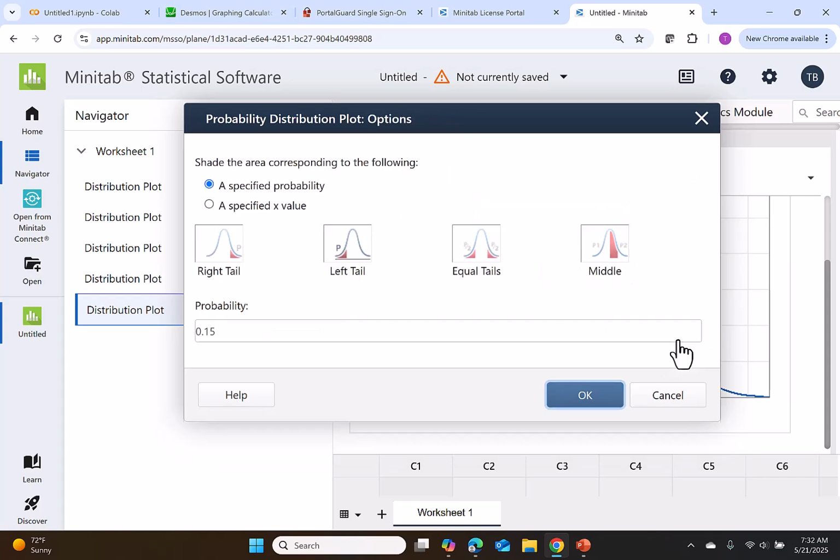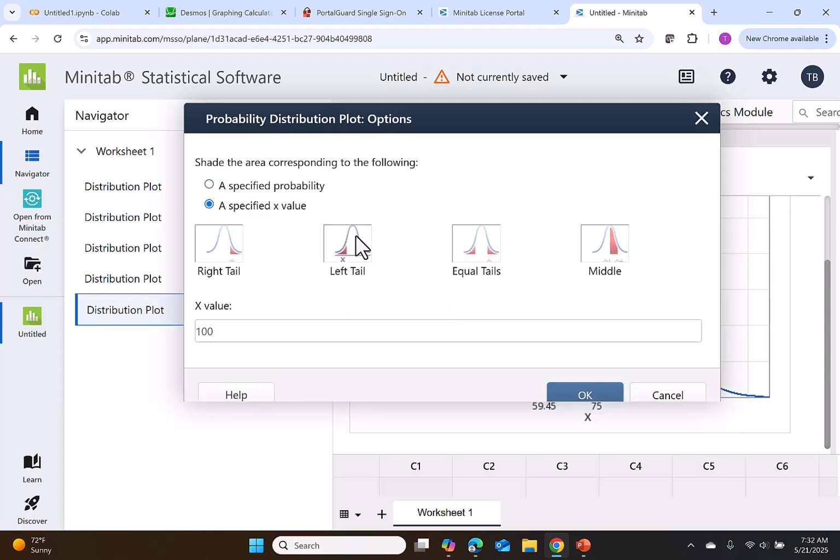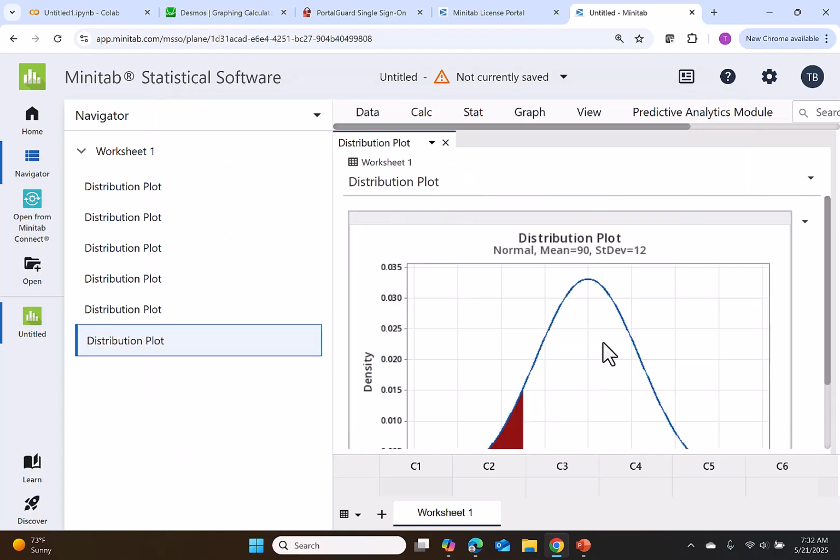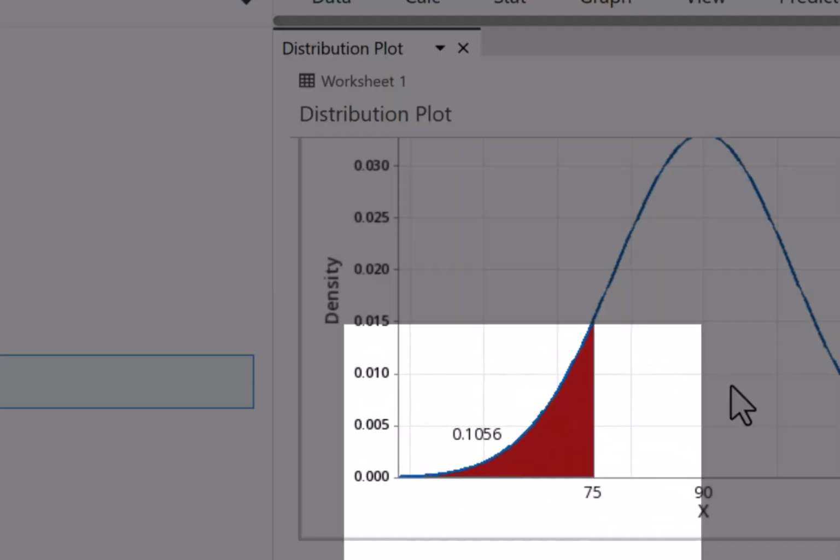In the options, we're going to go back to a specified X value. That X value is going to go to the left, and we're putting in an X value of 75. This shows us a probability of 0.1056. This means that 10.56% of these adult female goats weigh less than 75 pounds.